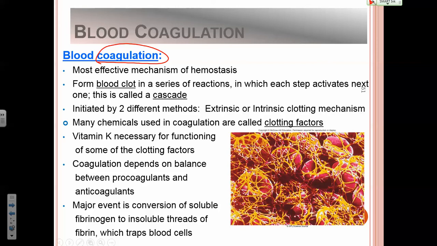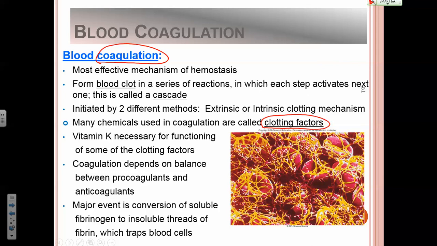And along that pathway, there are a variety of enzymes that are referred to as clotting factors. If you are genetically missing any of those, your blood's not going to clot as effectively. That's what happens if somebody has hemophilia. They're missing some of the clotting factors.